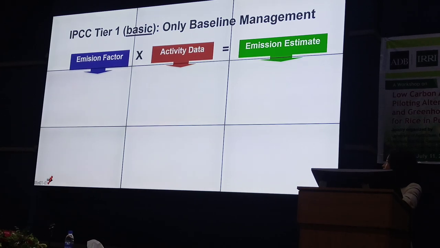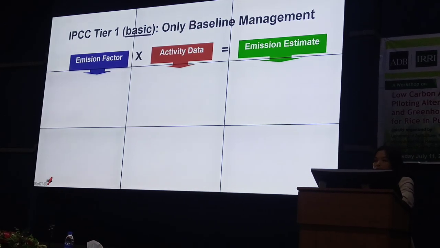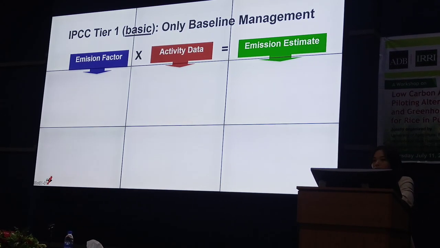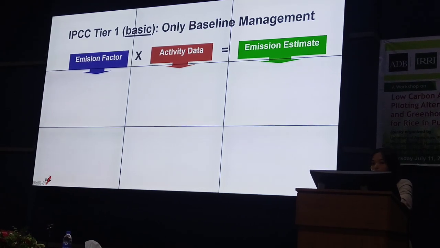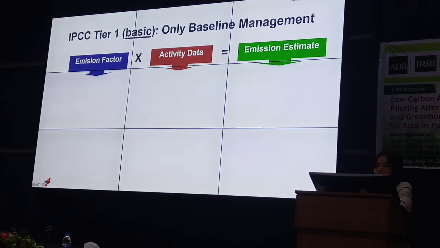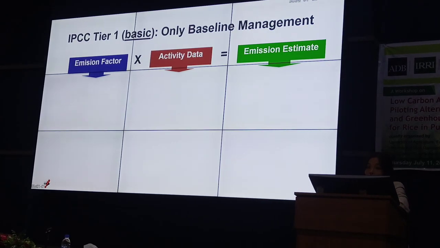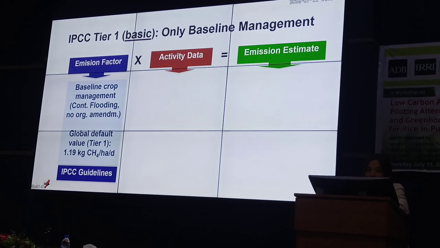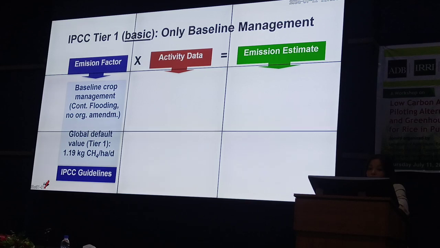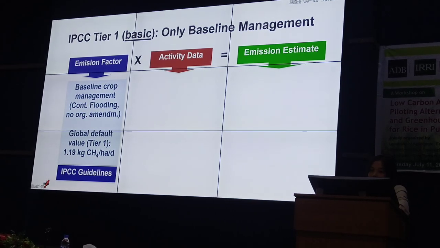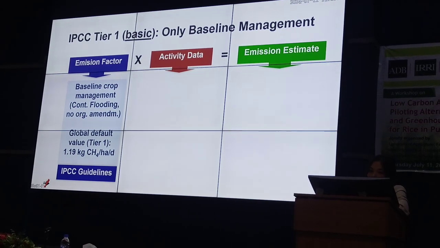So this is how the national estimation of emissions looks. We have the Tier 1 approach. We use the emission factor from IPCC, and this is the baseline crop management with continued flooding and no organic amendment.